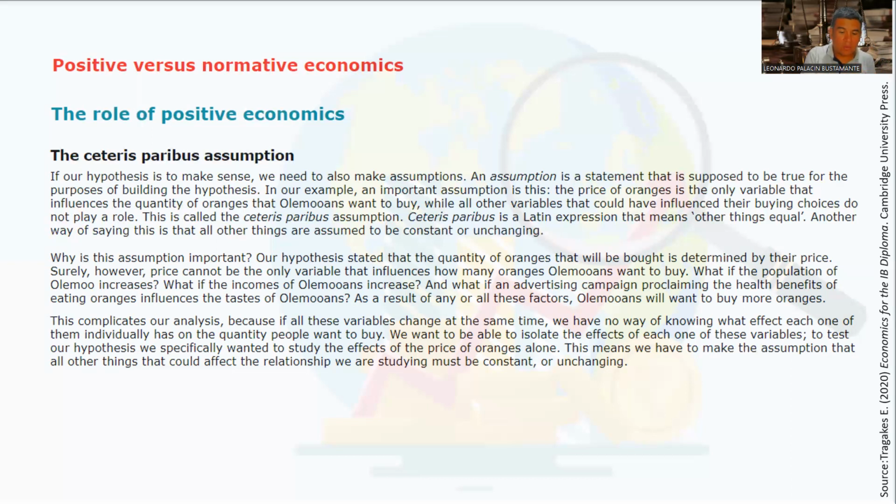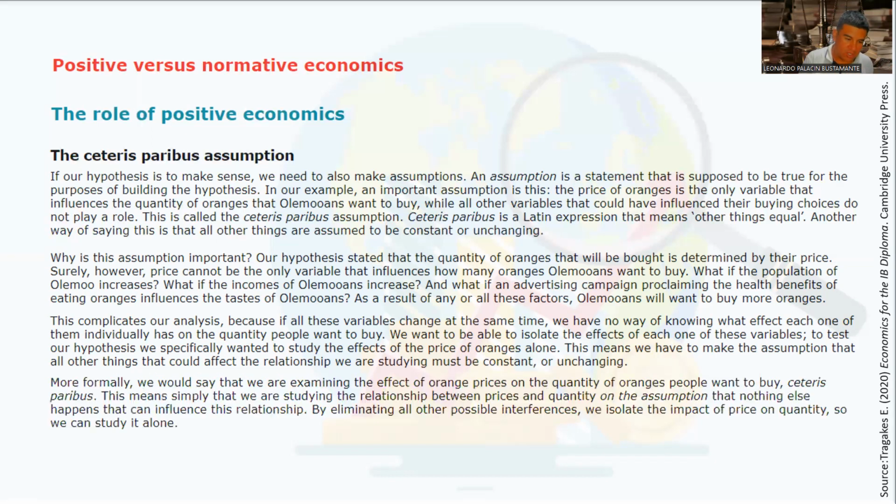So we want to be able to isolate the effects of each one of these variables. To test our hypothesis, we specifically wanted to study the effects of the price of oranges alone. So this means we have to make the assumption that all other things that would affect the relationship we are studying must be constant or unchanging.